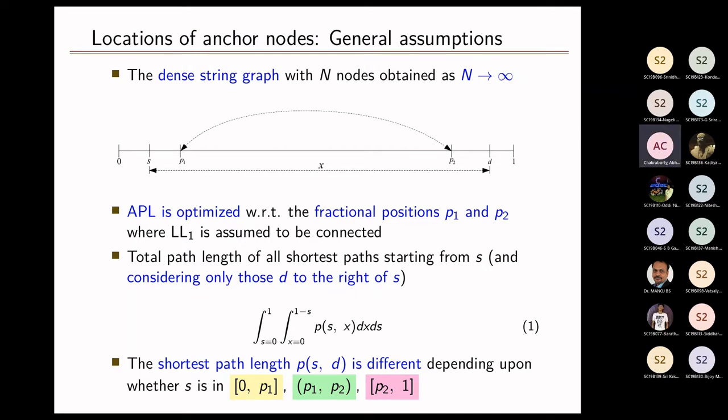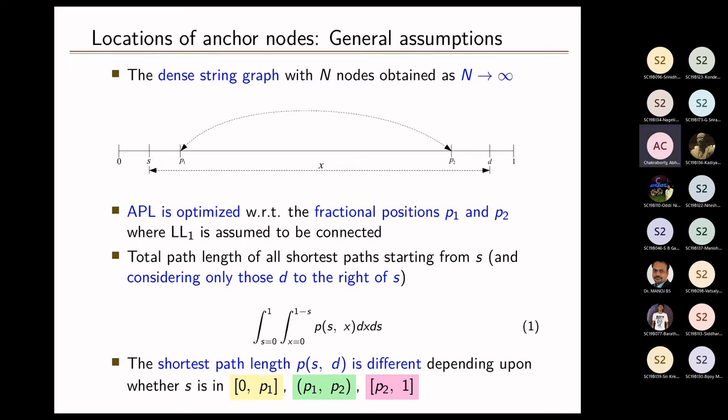So if you see, there is a long link connecting node P1 and node P2. This unit string is subdivided into 3 parts: one from 0 to P1, another from P1 to P2, another from P2 to 1.